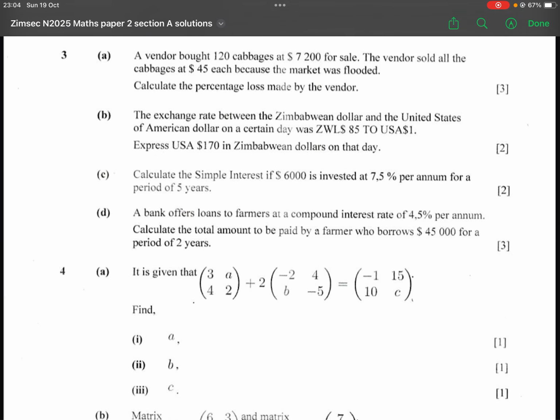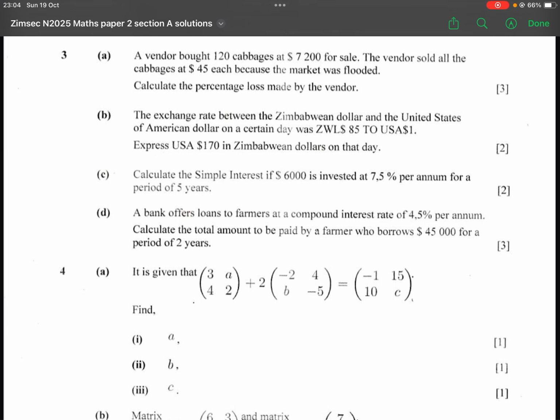So the third question is reading, a vendor bought 120 cabbages at 7,200 for sale. The vendor sold all the cabbages at $45 each. Because the market was flooded, we are required to calculate the percentage loss made by the vendor.